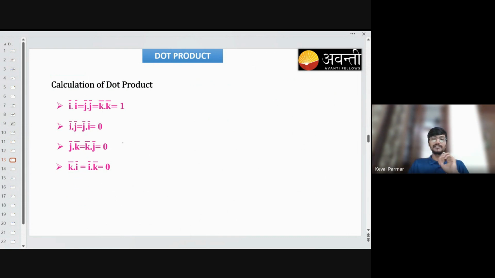For calculation purposes, when we have to use I cap, J cap and K cap, you can see, as we have seen, if I take dot product of a vector with itself, I'll get the square of the vector's magnitude.